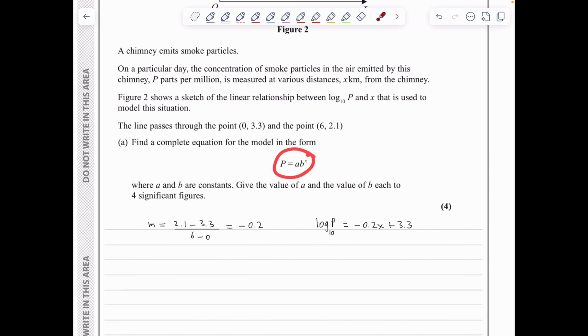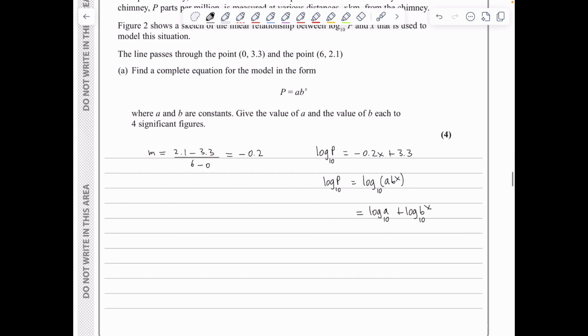I will then take the model here. I'm going to take log of both sides. So we're looking at log of P base 10 is equal to log of AB to the x base 10. Now log of A times B to the x can be written as log of A base 10 plus log of B to the x base 10, which can be further written as log of P base 10 being equal to log of A base 10 plus x log of B base 10.